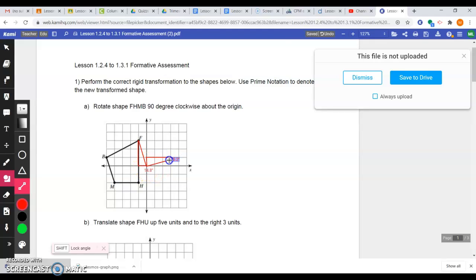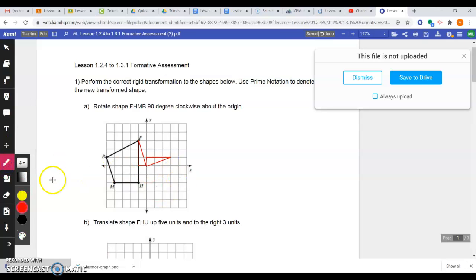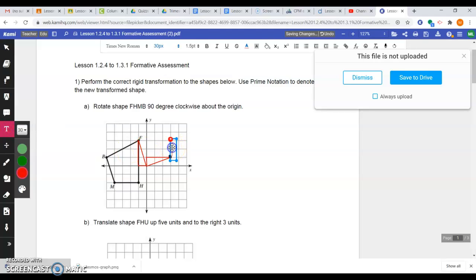And my triangle has fallen down. So my new point F is going to be right there. That is my new F prime. I'll do a capital F prime.